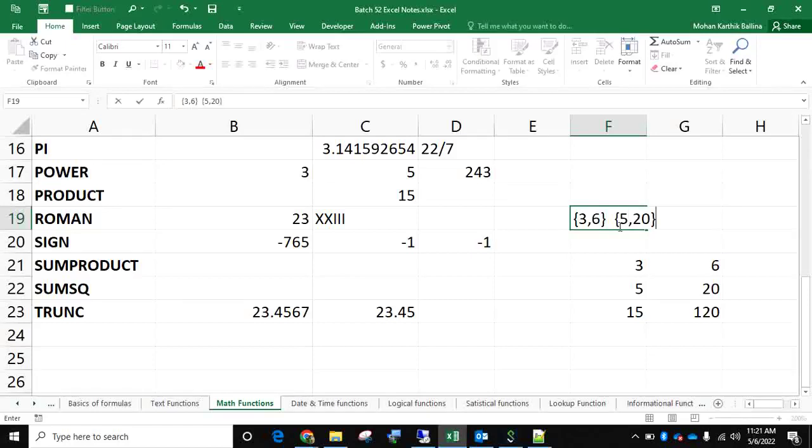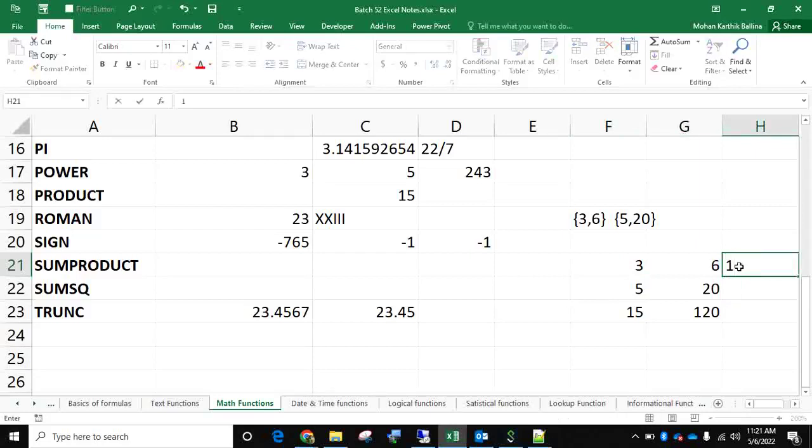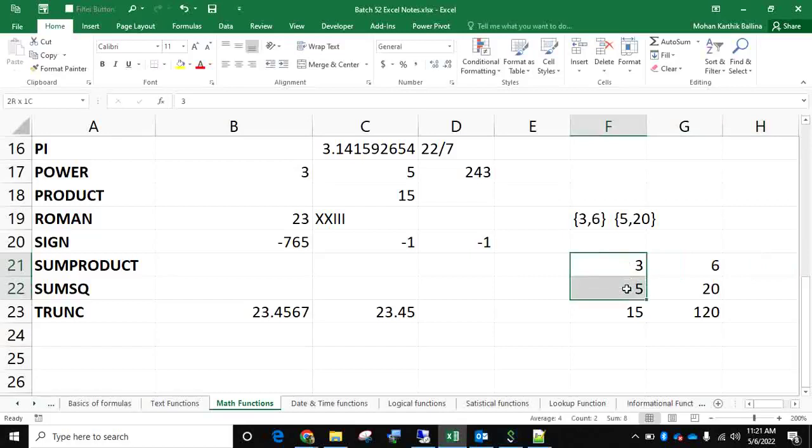So this is what I have written here. SUMPRODUCT will do the product: first value with first value, 3 5s are 15. Then second value with second value, 6 20s are 120. 120 plus 15, 135. Understood? First we need to do the product, then add the sum.